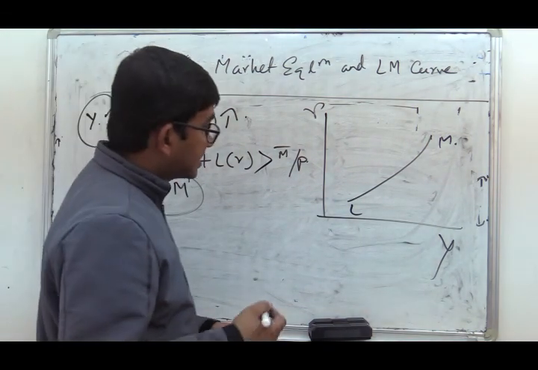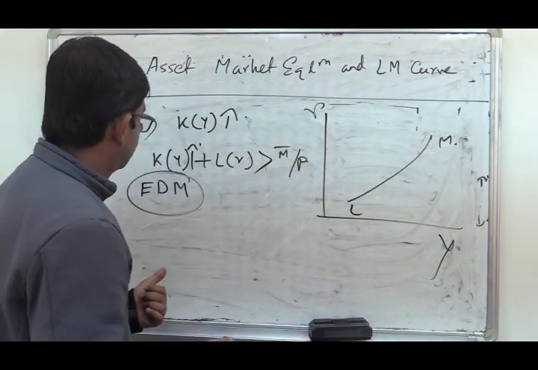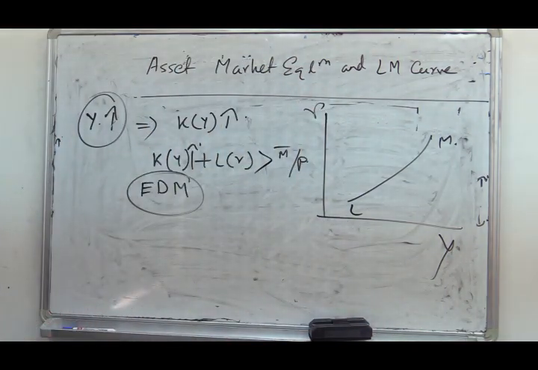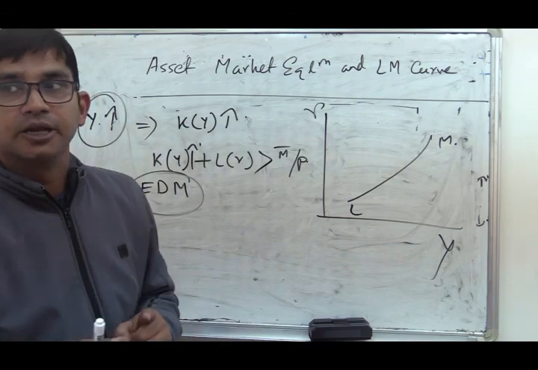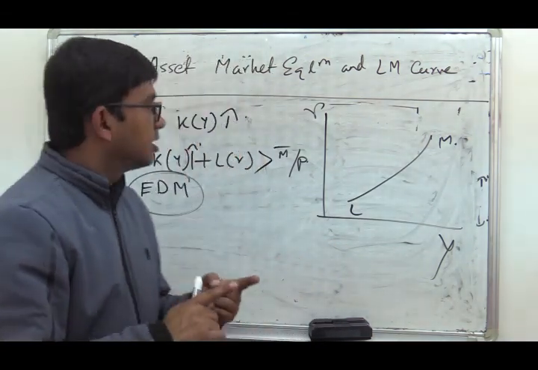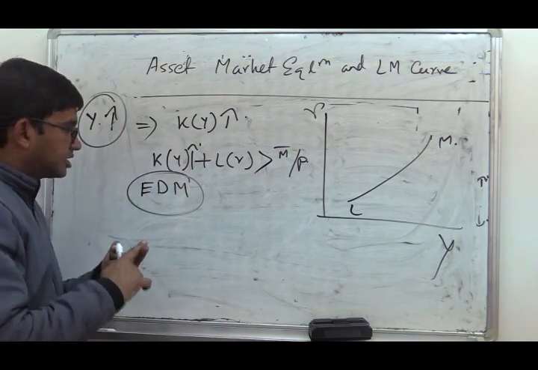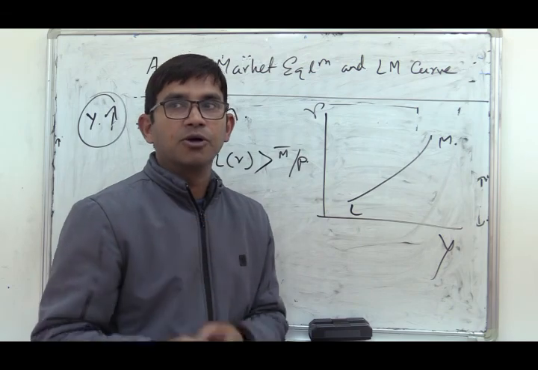Whenever there is excess demand in the money market, what will the people do? The people will start to get money by selling the bonds in their hand. Remember that the money market and bond markets are interrelated. So whenever there is disequilibrium in the money market, automatically there will be disequilibrium in the bond market.